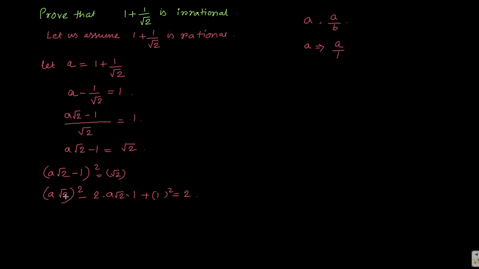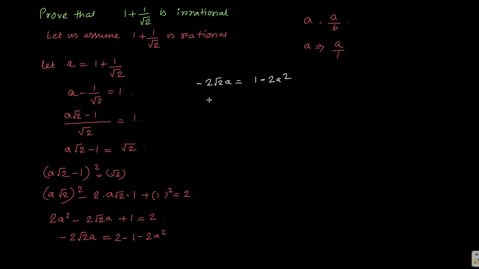Now root 2 square is 2, so 2a square minus 2 root 2a plus 1 is equal to 2. Taking terms to the other side, minus 2 root 2a is equal to 2 minus 1 minus 2a square, that is, 1 minus 2a square.